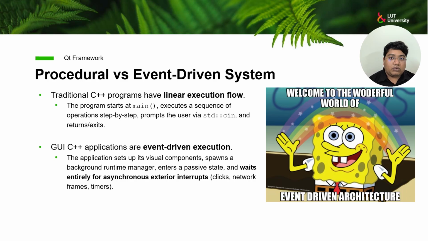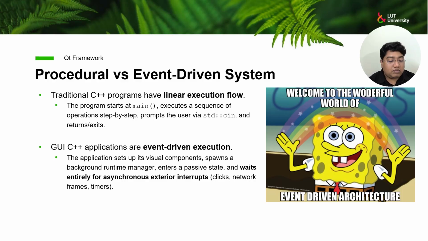Before we look at Qt itself, we need to understand something much more important. The way a GUI application runs is completely different from the console applications that we have been writing so far. Think back to one of our earlier C++ programs. Execution always began inside main. The program executed one statement after another.